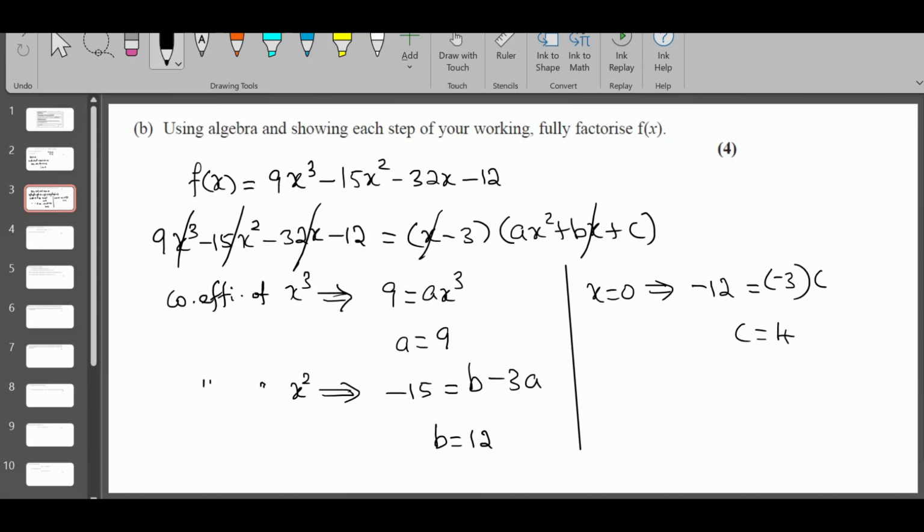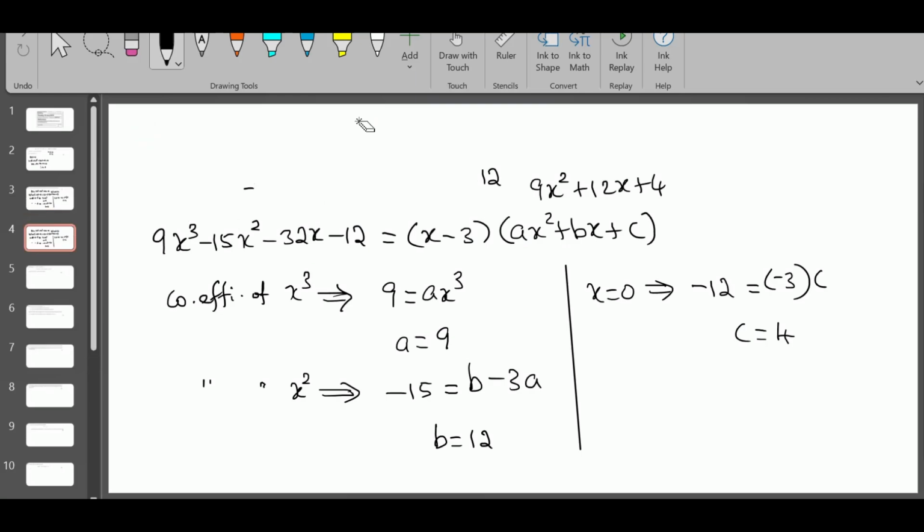So therefore this quotient is ax square plus bx plus c. You need to write that and factorize it again. So now I'm going to write this as 9x square plus 12x plus 4.